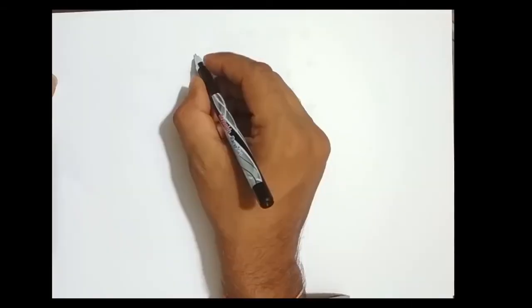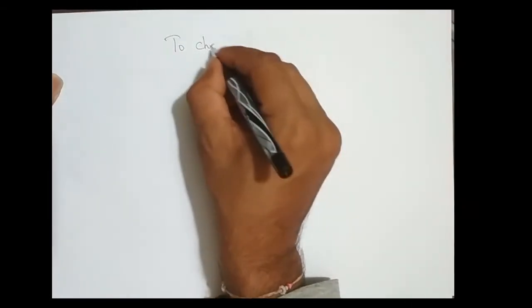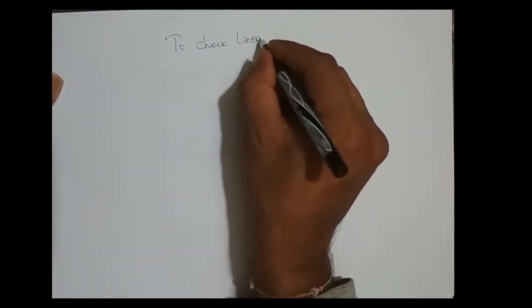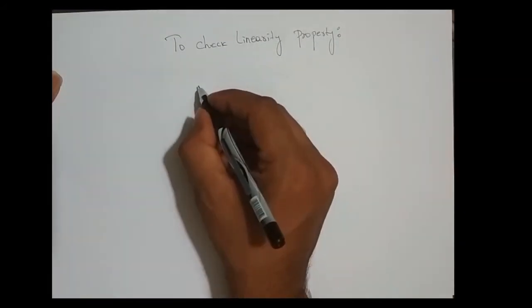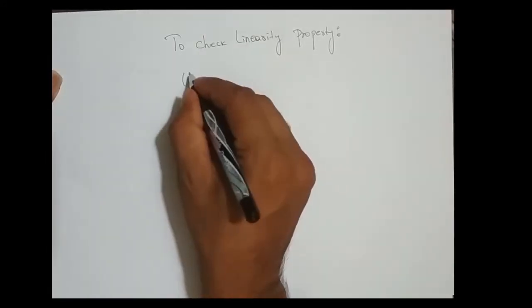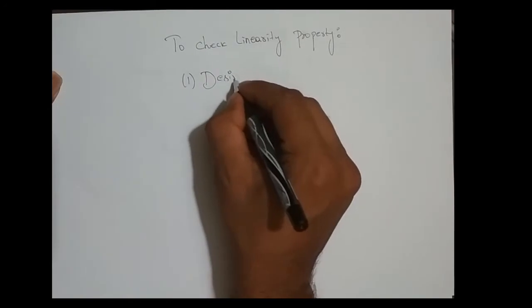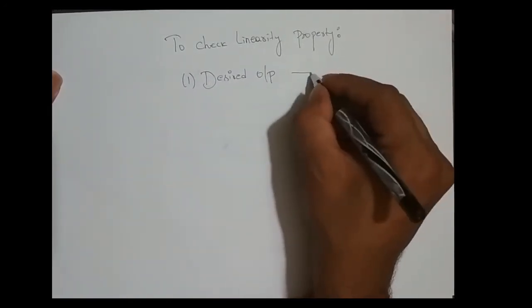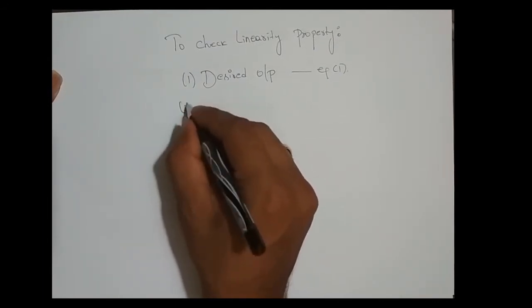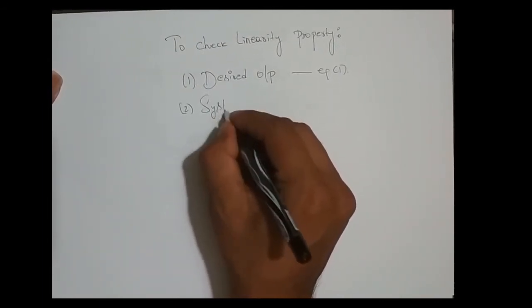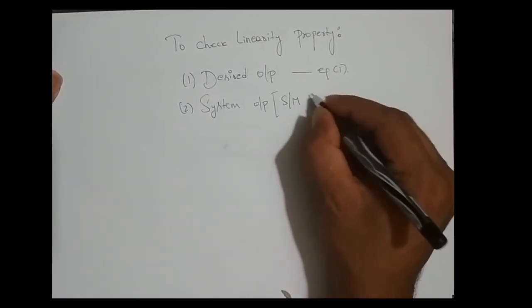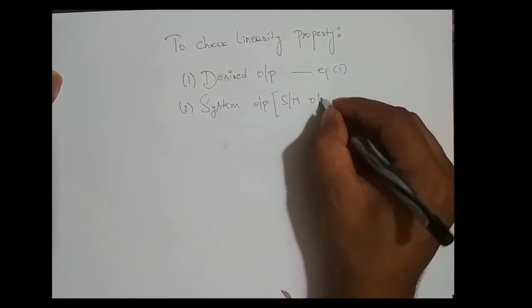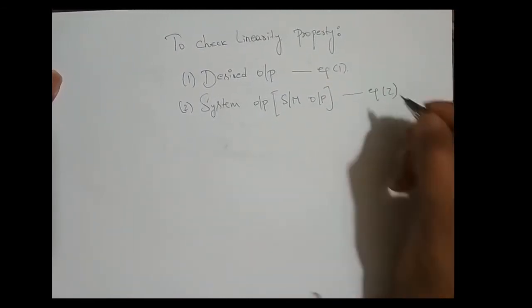Fine. To check the linearity property, we need to get 2 outputs. The first output is the desired output. We shall call it equation 1, and we need to get the system output. In short, I usually represent it like this: system output, call it equation 2.